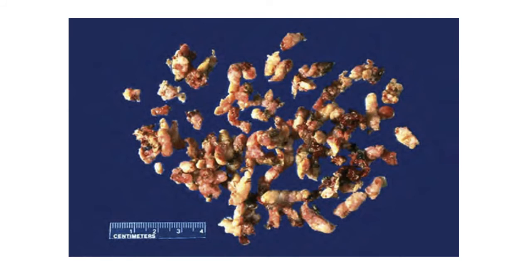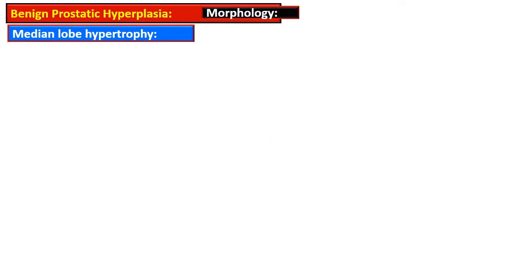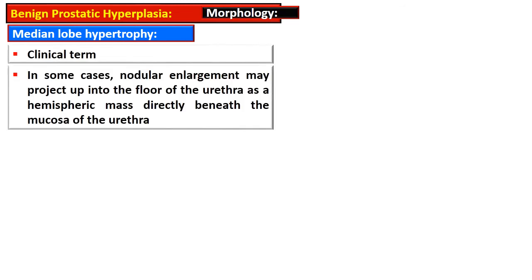That is a frequently performed surgery for this entity. You will come across another term, that is median lobe hypertrophy. This median lobe hypertrophy is a clinical term, and it denotes nodular enlargement that projects into the floor of the urethra as a hemispheric mass directly beneath the mucosa of the urethra.